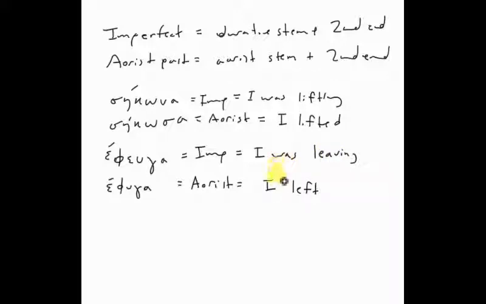In the aorist, there's no evidence of the action of the verb extending over a period of time. It just occurs. It just occurred in the past. A single action taking place in the past time. This is what the aorist past is telling us.